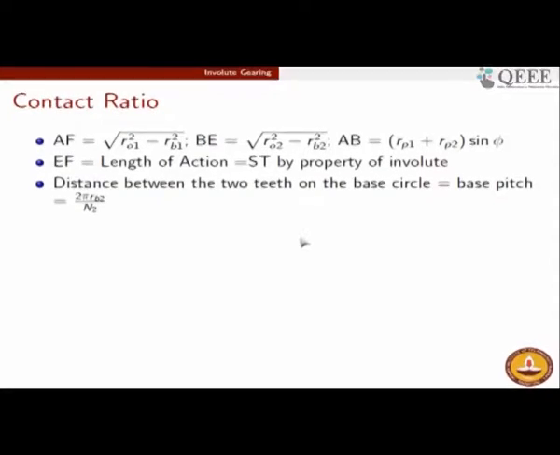In a similar fashion, as we have derived the circular pitch definition, we can arrive at a base pitch, that is the distance between two teeth on the base circle instead of the pitch circle. Just like we got the expression for the circular pitch as 2 pi rp divided by n, similarly base pitch is 2 pi rb divided by n.